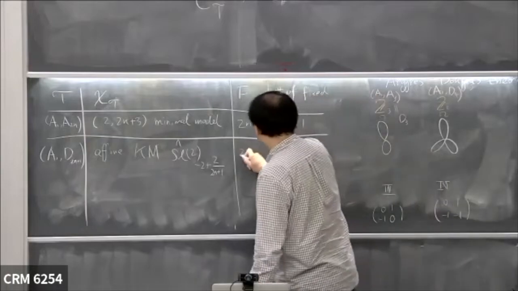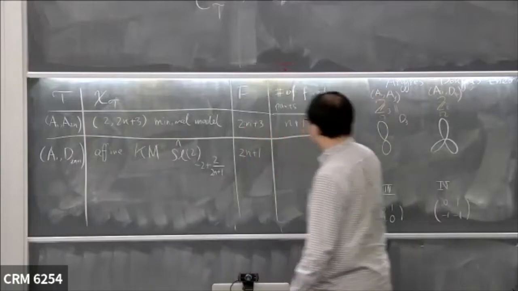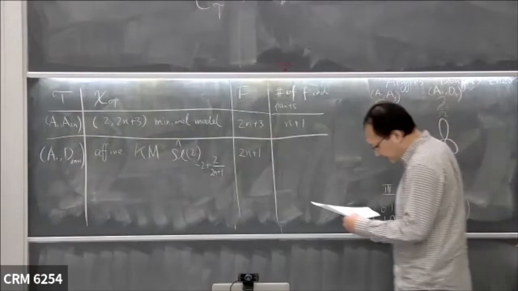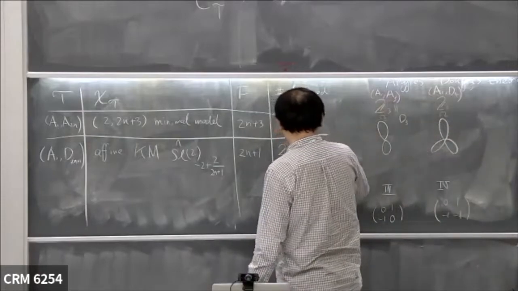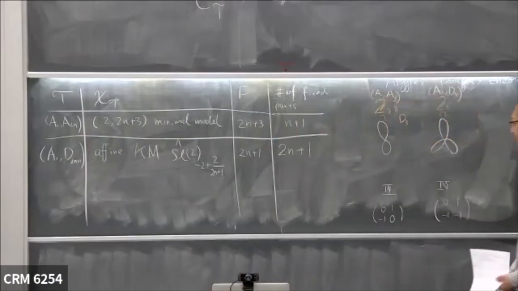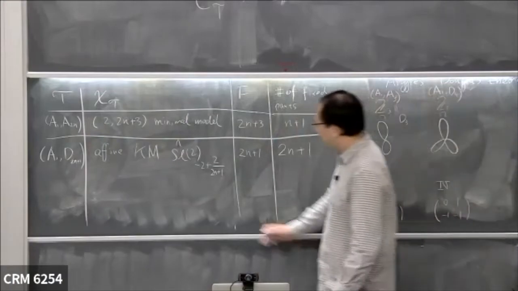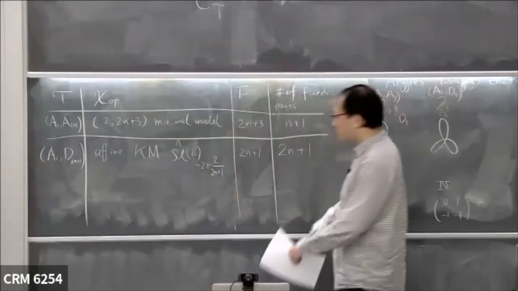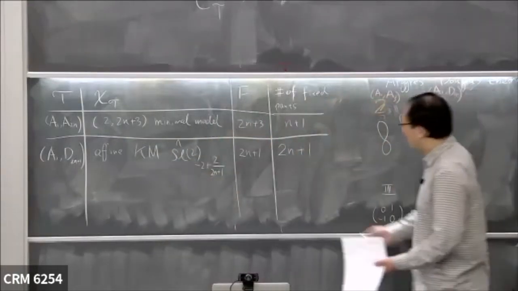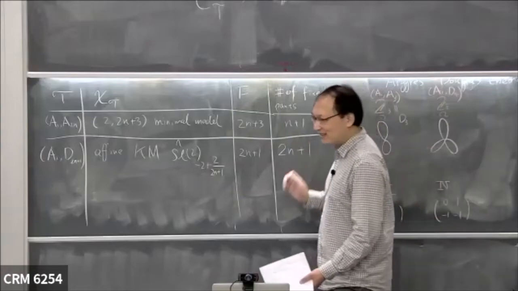F would be 2n plus 1. And then you can check the number of fixed points. That's 2n plus 1. And if I understand correctly, there's a way of going from the category of modules of this to some smaller category where there are exactly 2n plus 1 simple objects.